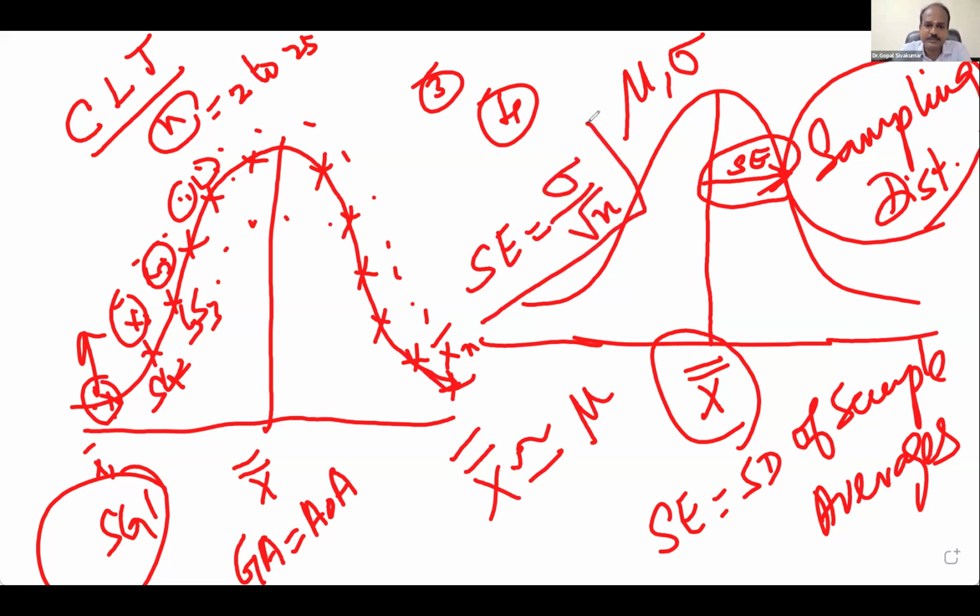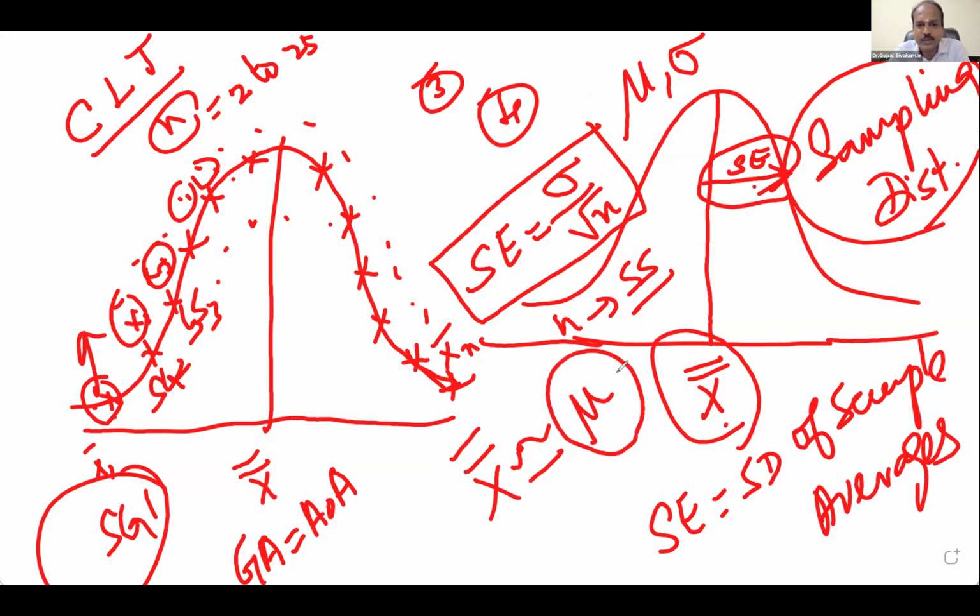Look at the relationship. Standard error equals population standard deviation divided by square root of n. You know what n is here? Sample size, the subgroup size or the sample size. So once you have the standard error and X double bar, it is very easy to predict your mu and sigma. All right.